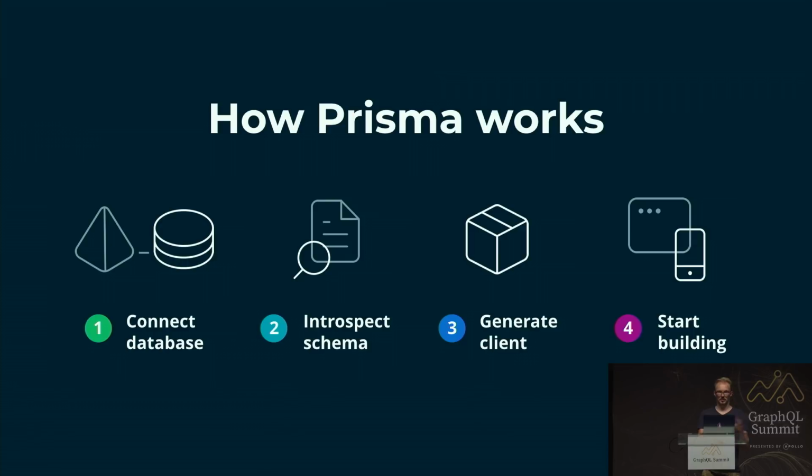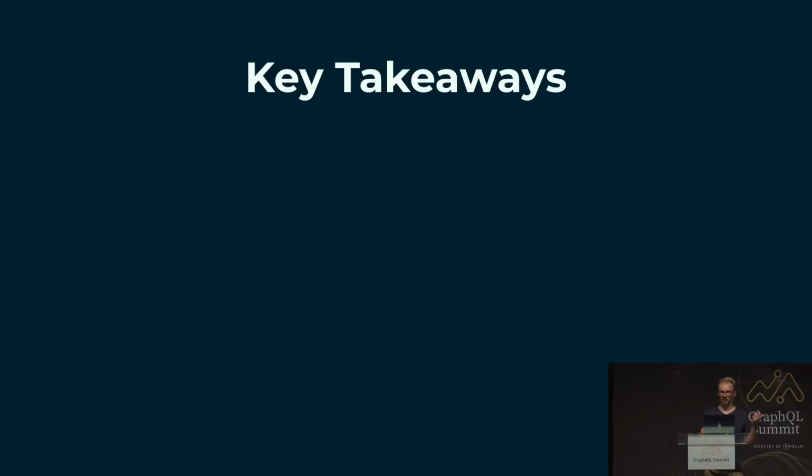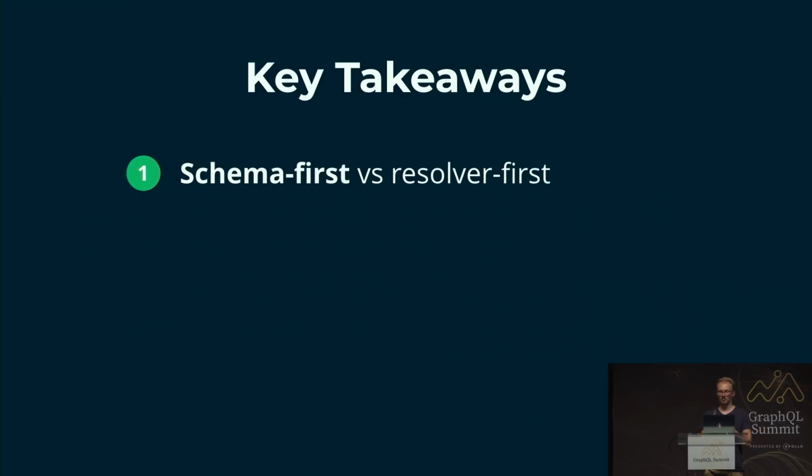Yeah, so this was a high-level overview of the concepts of type safety, end-to-end type safety, and building schema-first GraphQL servers. A few key takeaways for you. As you're building a new GraphQL server, it's interesting to think about the two different ways of doing it, schema-first and resolver-first. Both have their advantages.